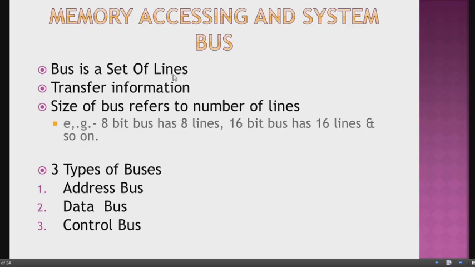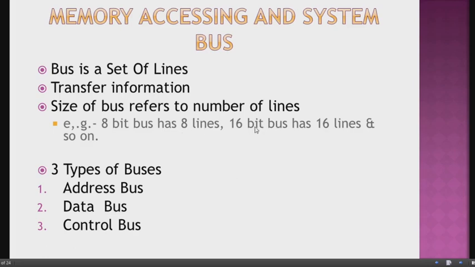If we want multiple bits to be transmitted together, then we have to use a set of lines grouped together, and that set of lines is called a bus. The size of a bus refers to the number of lines. If it is an 8-bit bus, then it has 8 lines.